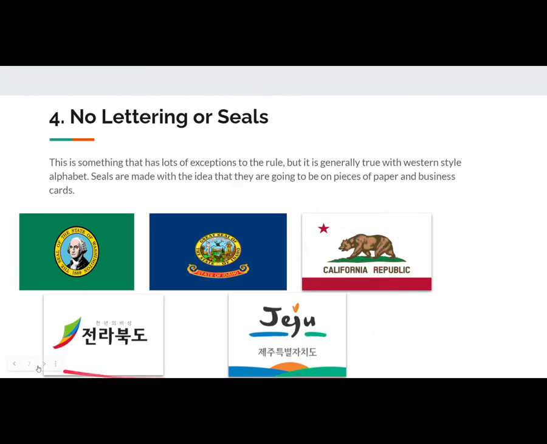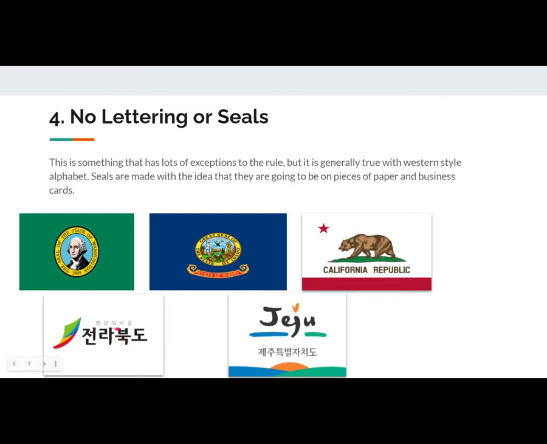But if we go to the Korean municipal areas or local governments, we really run into this problem with lettering, because most of these organizations weren't designed to have flags. They designed a logo that you could put on a business card, or on a letter, on a bill, things like that. See, Jeollabuk-do, okay, got that.